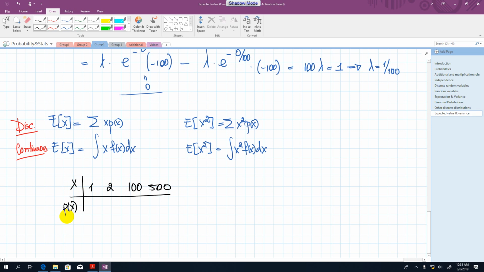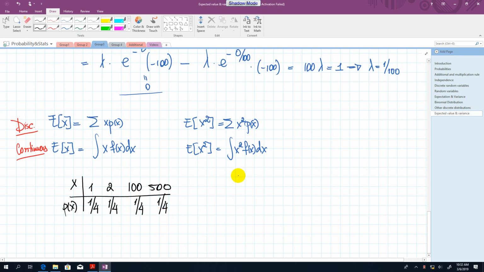If I say that x has the uniform distribution in a discrete case, what are the probabilities? 1/4 always, right? They should be equal. What you need to do is divide 1 by the number of outputs, because every output should have the same value, right?